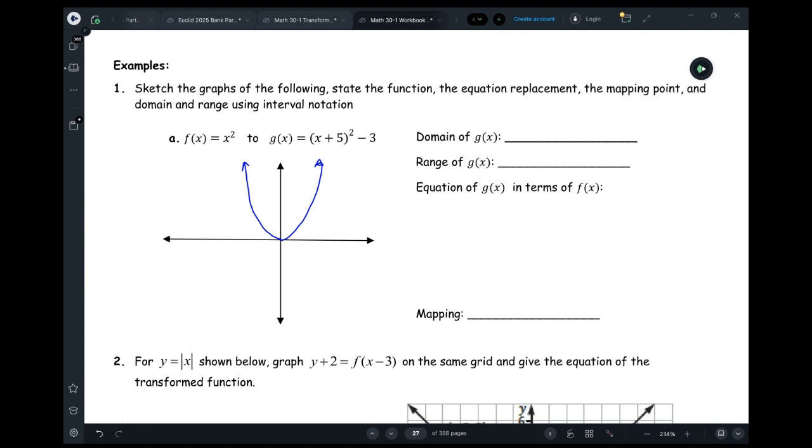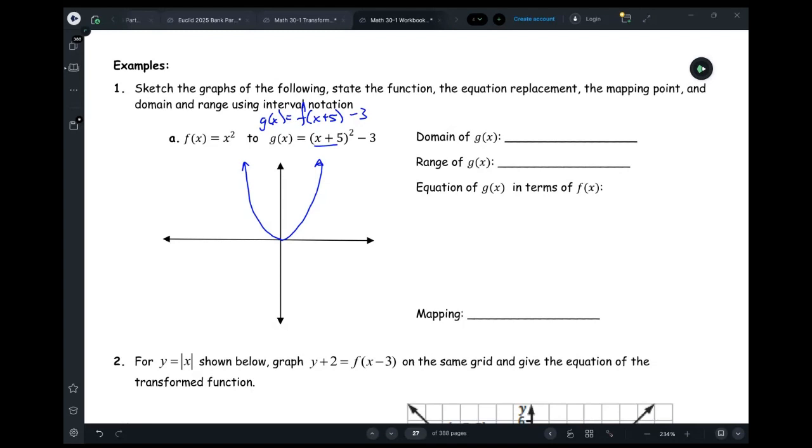And now, to get g of x, clearly what I've done here is I've replaced the x with x plus 5, and then I replaced y with y plus 3, and then moved it over. And that became minus 3 here.